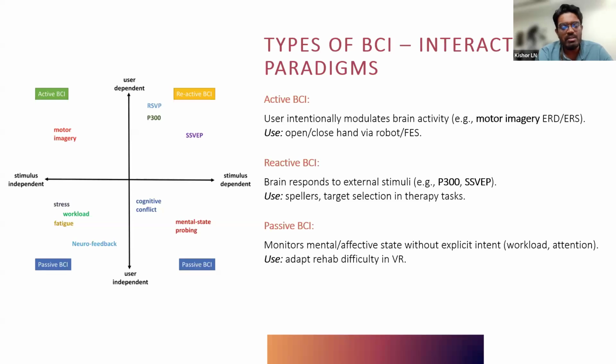If you have three different white squares on a black background on your computer monitor, and each of those squares is flickering at a certain frequency, then if a user just focuses on one of the flickering boxes, based on the EEG from their occipital lobe, the lobe that gets the signals from your eyes, you will be able to tell which target they are actually focusing on.